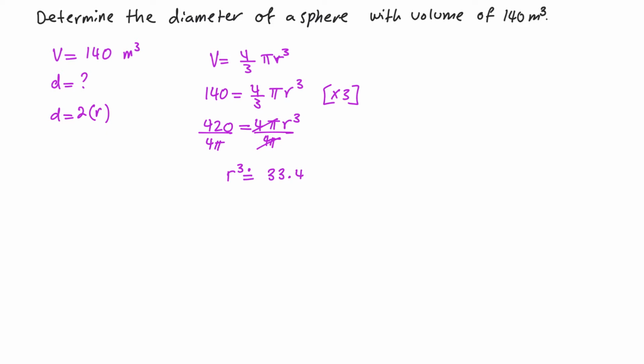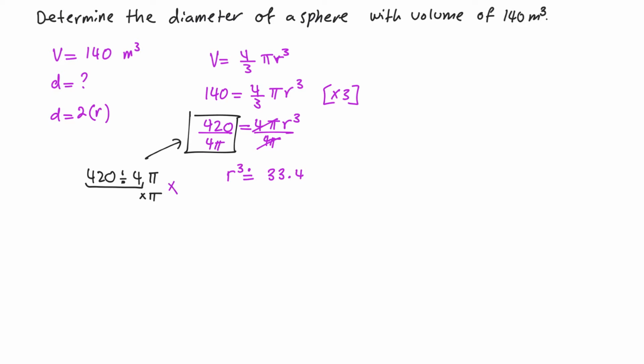Now, note that when you're doing this on your calculator, there's a really big common mistake that happens. So a lot of students put it as 420 divided by 4 pi. And what ends up happening is, because of BEDMAS, your calculator will do 420 divided by 4 first, and then it will multiply it by pi, which is actually incorrect.